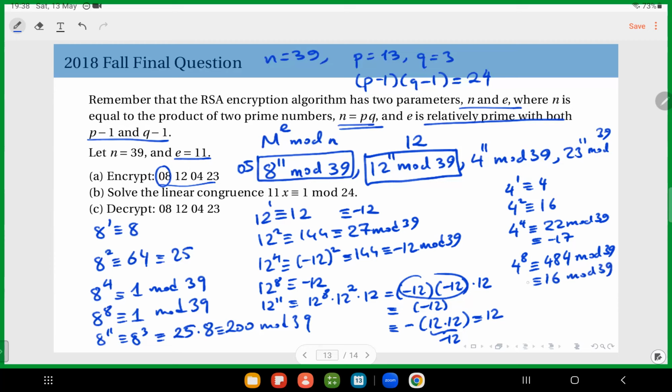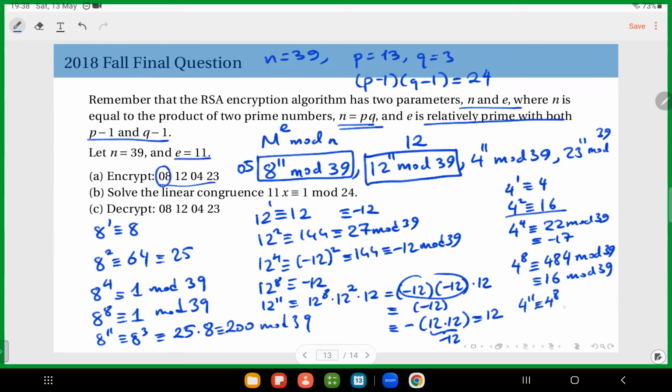Again, an observation here: 4 to the power 8 is congruent to 16, similar to 4 to the power 2. So we have a cycle here, and we just need 4 to the 11.